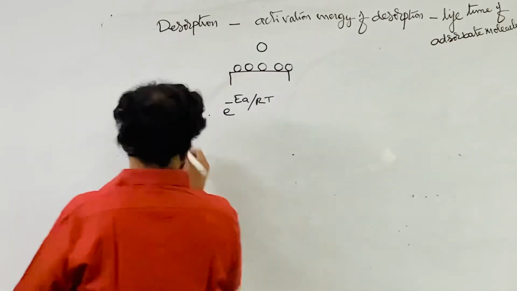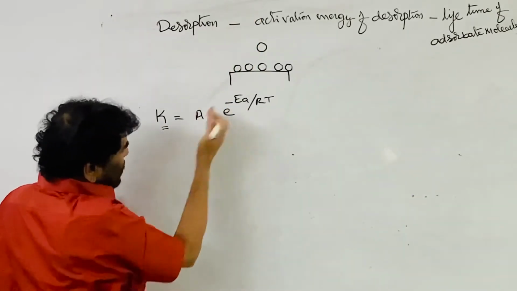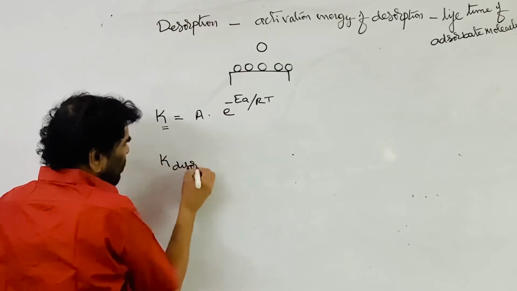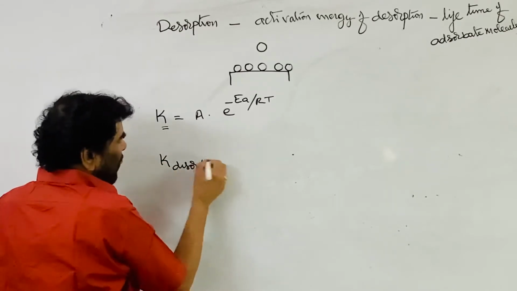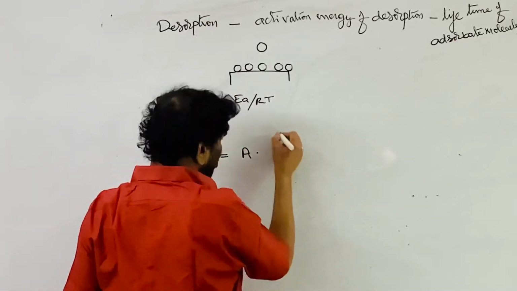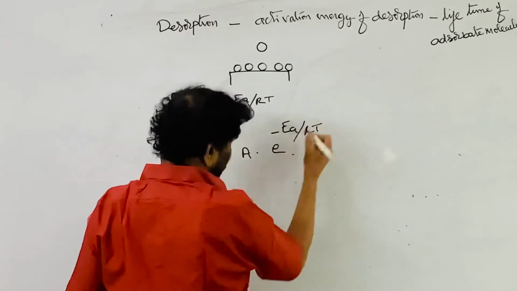For this, what can I write for the desorption process? This is the adsorption process. K desorption is equal to A e to the power of minus EA by RT.